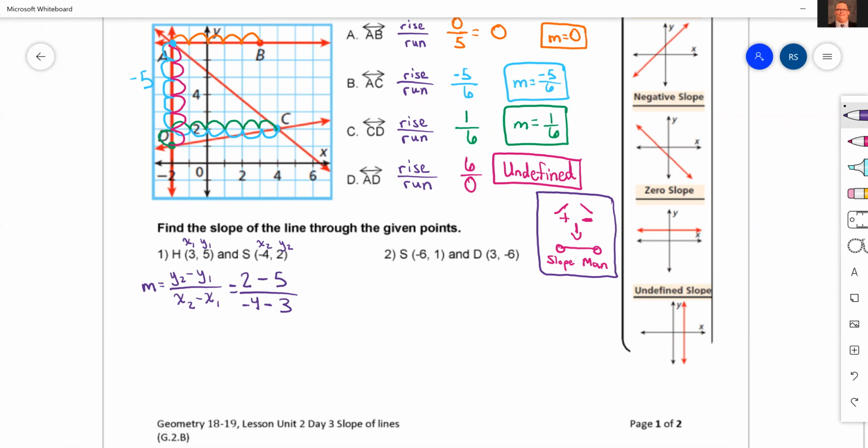So now 2 minus 5 is negative 3. Negative 4 minus 3, negative 7. A negative divided by a negative gives you a positive. So this will be positive 3/7.